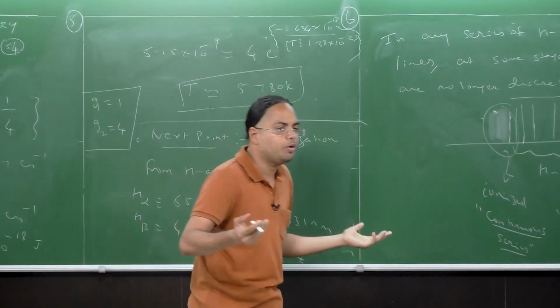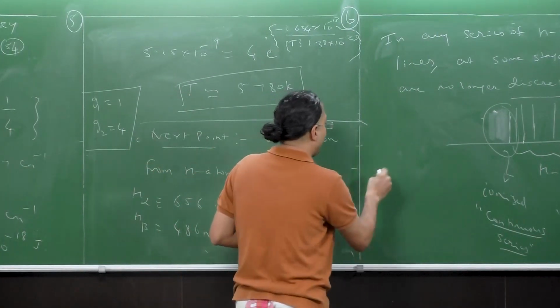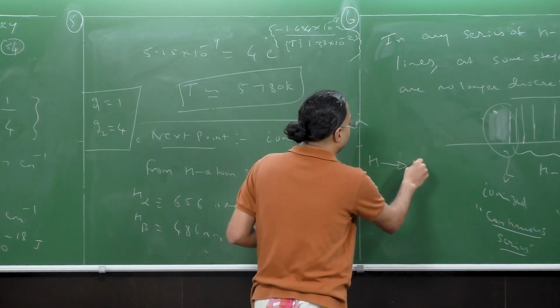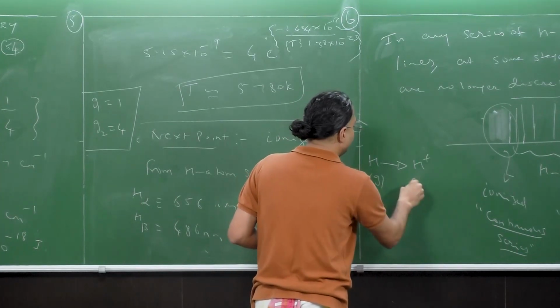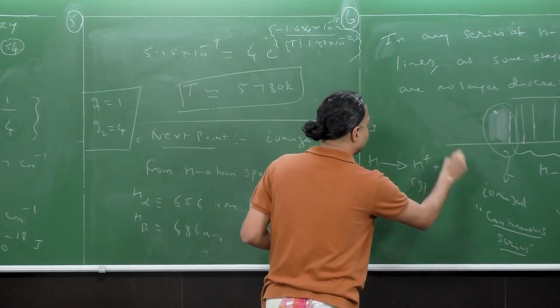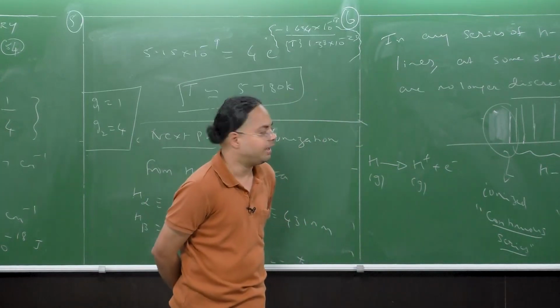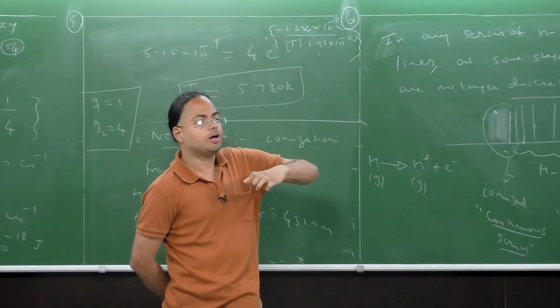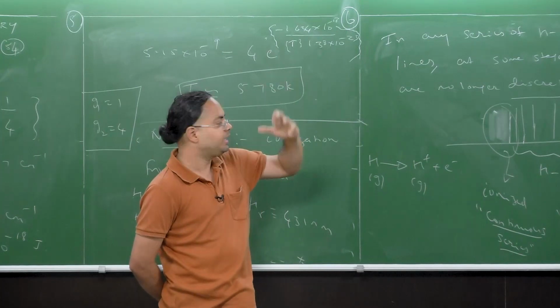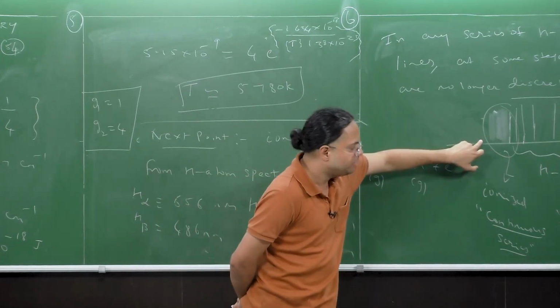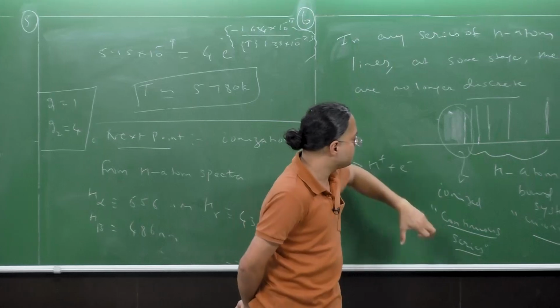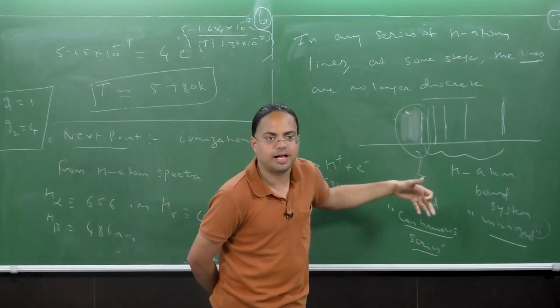So what do I mean when I say ionization has happened? I'm talking about this reaction: H gas becoming H plus gas plus an electron. Because at very high temperature ionization happens, you see a series of continuous lines in the spectrum.